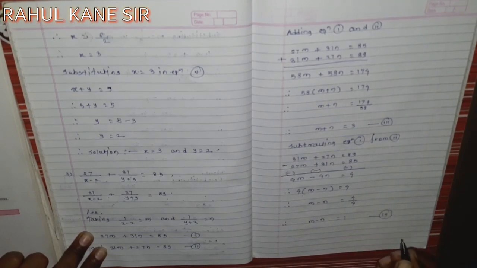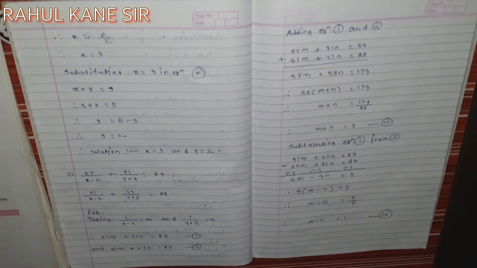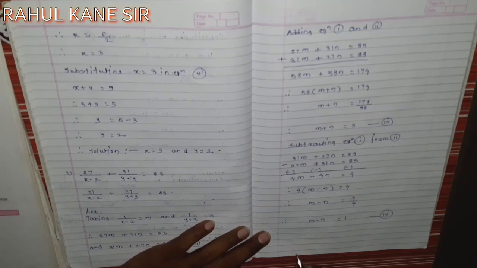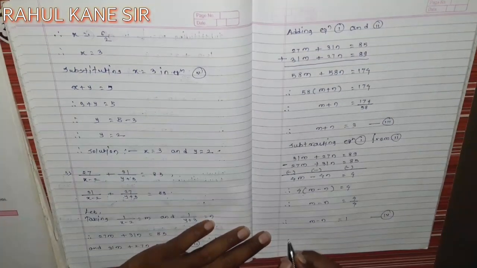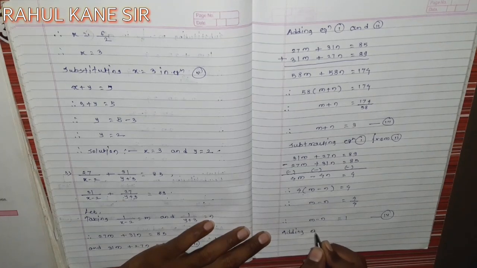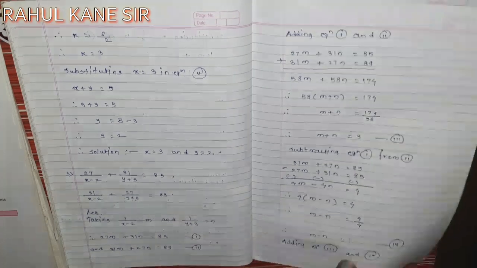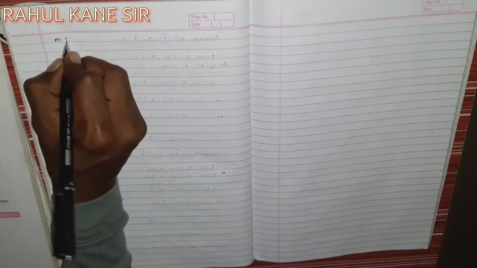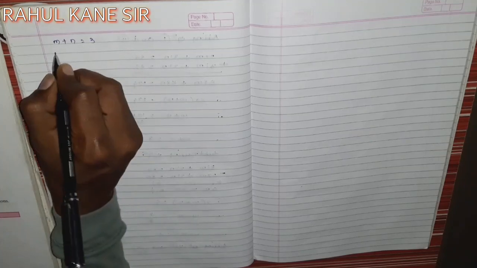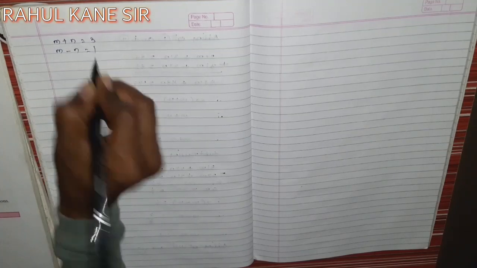Equation number 4. In equations 3 and 4, the coefficients of m and n are the same and they have a different sign for n. So we are going to add equations 3 and 4. m plus n equals 3, m minus n equals 1.